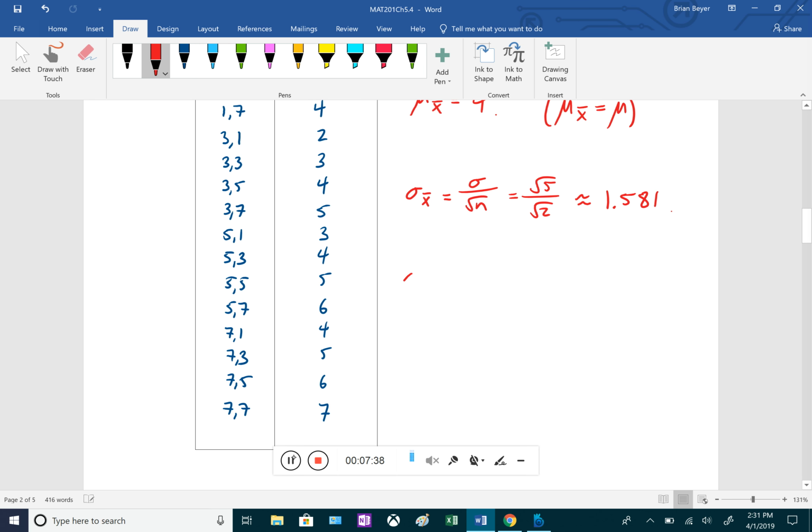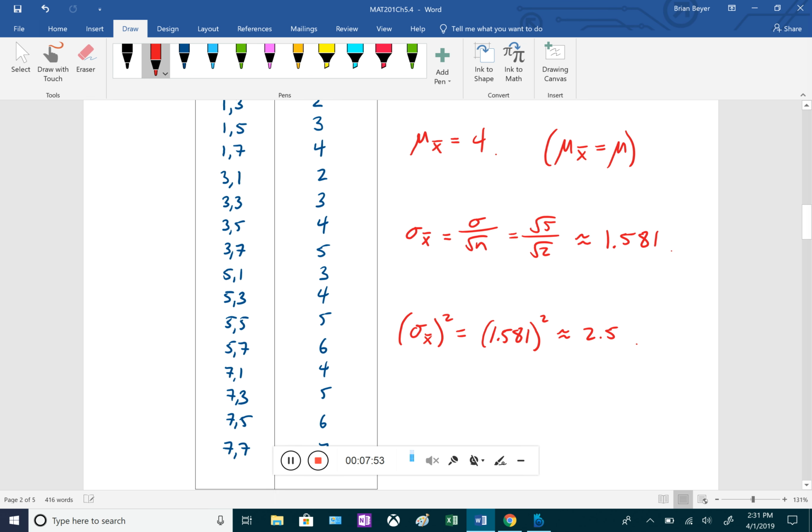And now let's find the variance. The variance is just going to be the standard deviation squared, which is 1.581 squared, which is about 2.5. Okay, so the important thing here is not so much the variance, but the mean and the standard deviation.